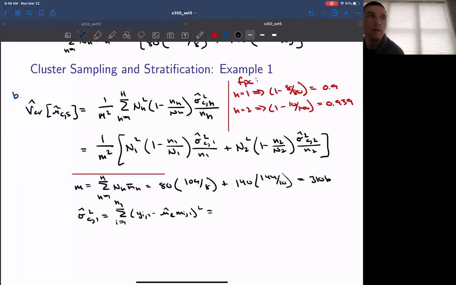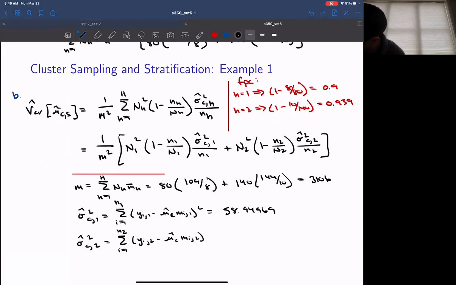Right, and that's going to give us 58.94969. And then we also need the same measurement for the second stratum. So this would be yi2 minus mu hat c mi2 squared. And that gives us 298.2907.